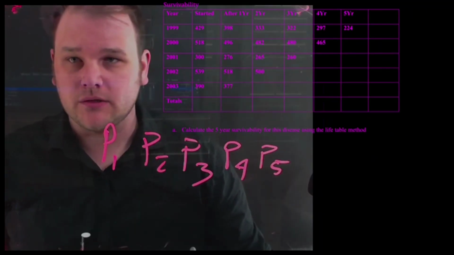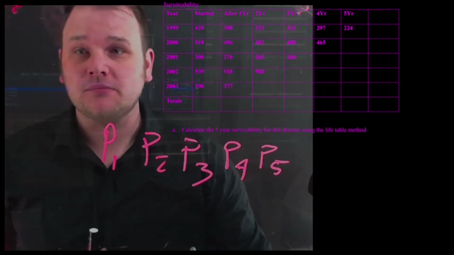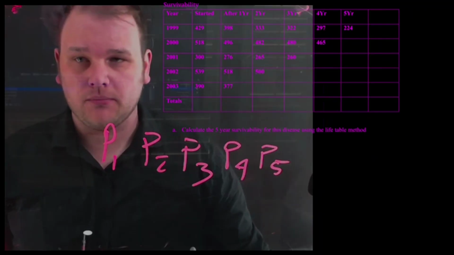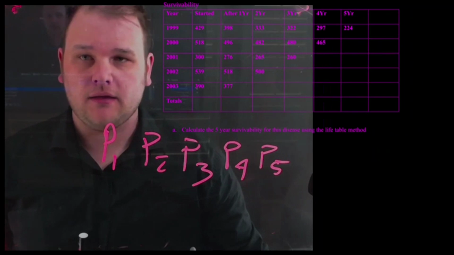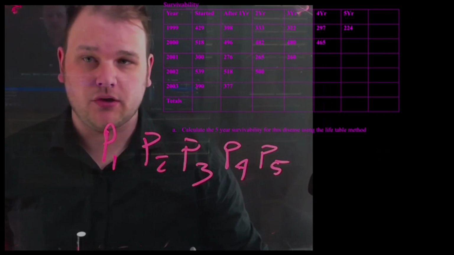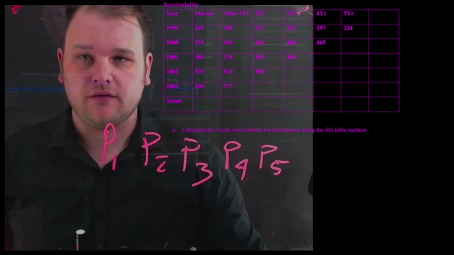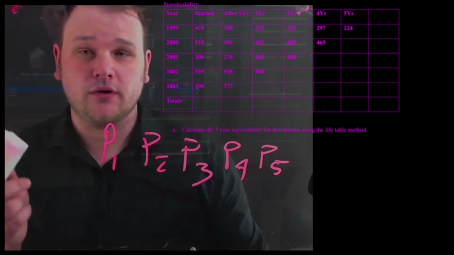So what we need to do is simply add up the total number of patients enrolled in the study across all years. So that will be the total down here. And if you're doing this, I would just go ahead and do that for all years of the study. I didn't word that very well.